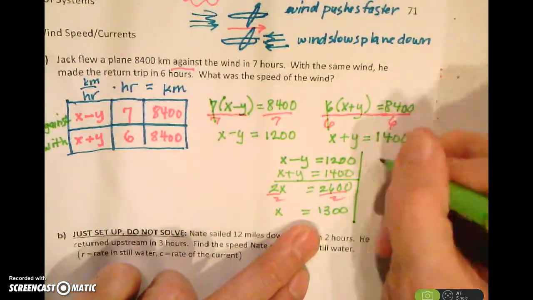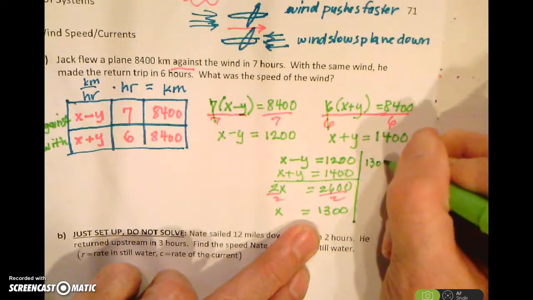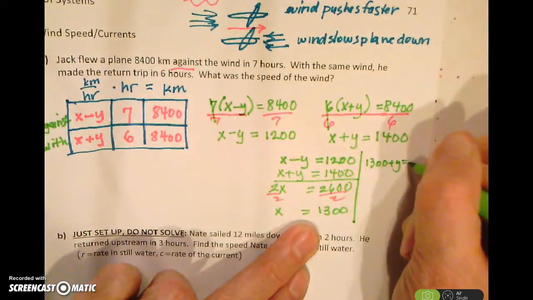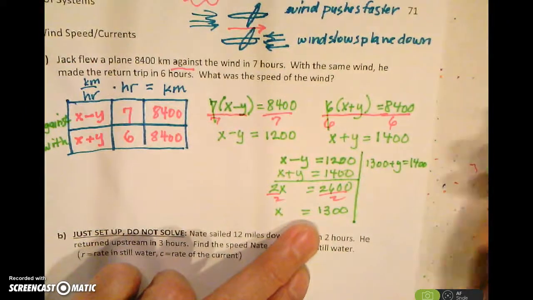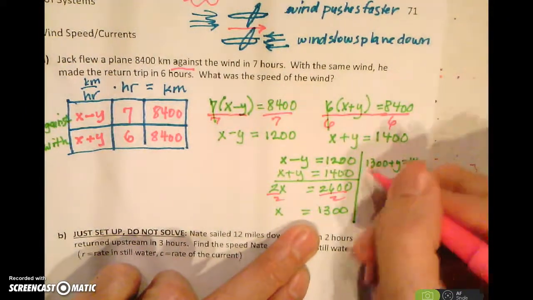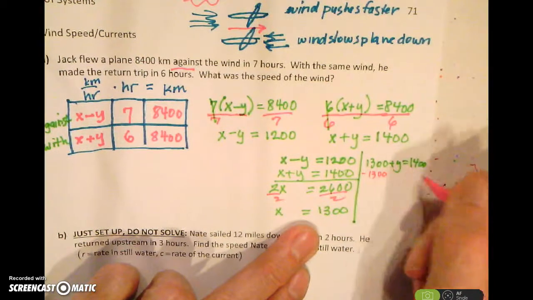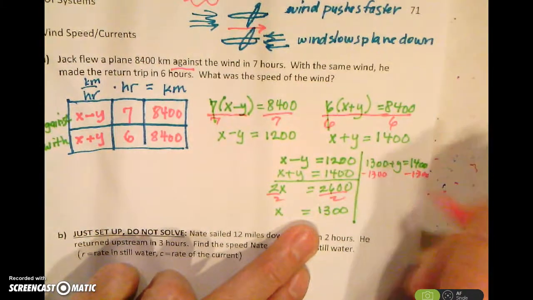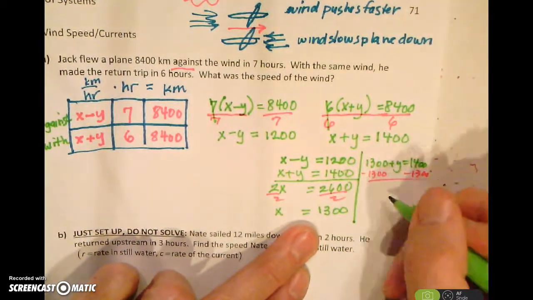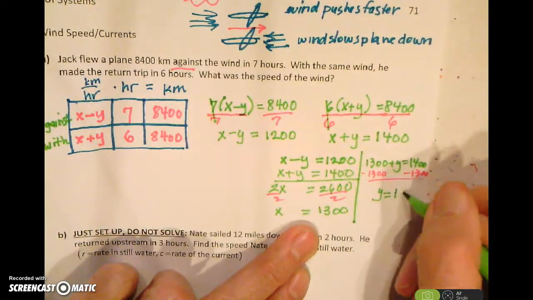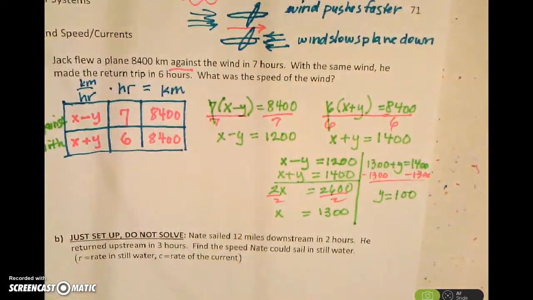So if x is 1,300, I'm going to have 1,300 plus y is 1,400. Then subtract my 1,300 from both sides, and that gives me that y is equal to 100.